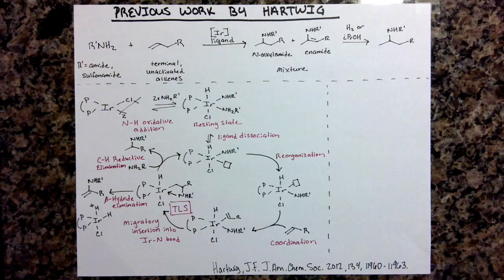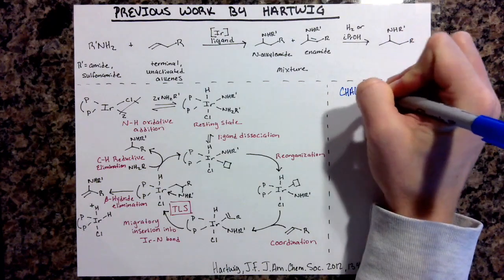In order to start addressing these sorts of problems and be able to incorporate these sorts of substrates, Hartwig looked at this iridium catalyst system and questioned how could they make this more electrophilic so this alkene would have a higher propensity to bind to it.